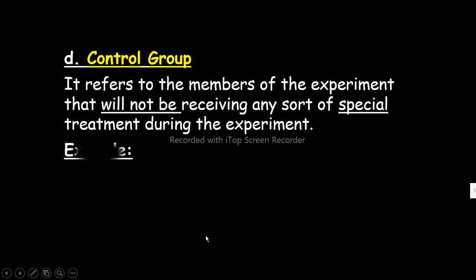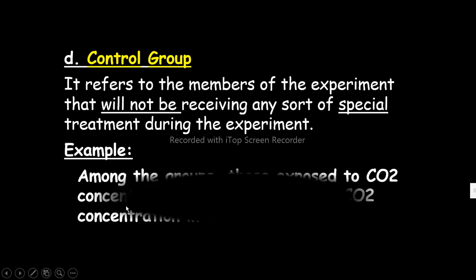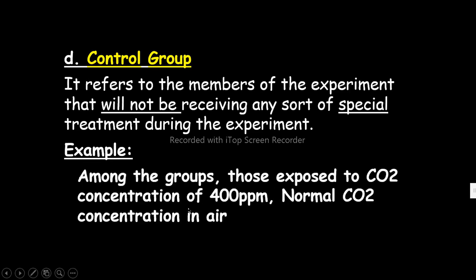So also here, the control group is among the groups that you have formed. There will be a group of plants that will be subjected to normal carbon dioxide concentration. The normal carbon dioxide concentration is 400 ppm. Actually, it varies.